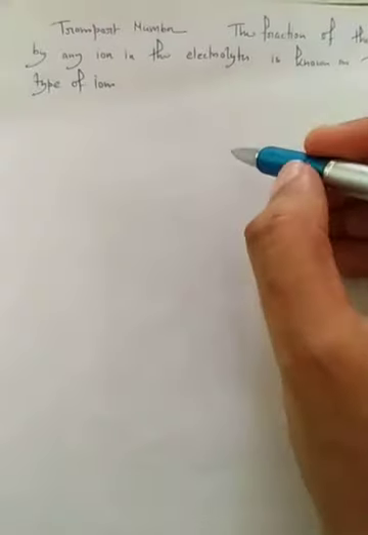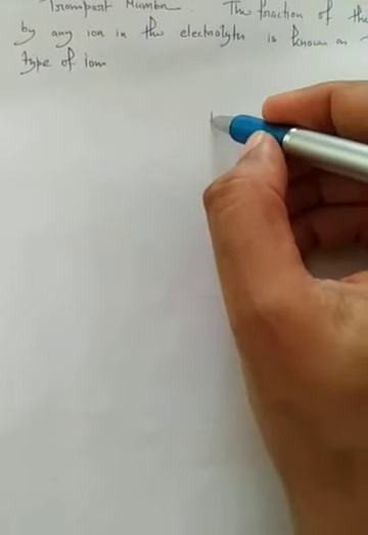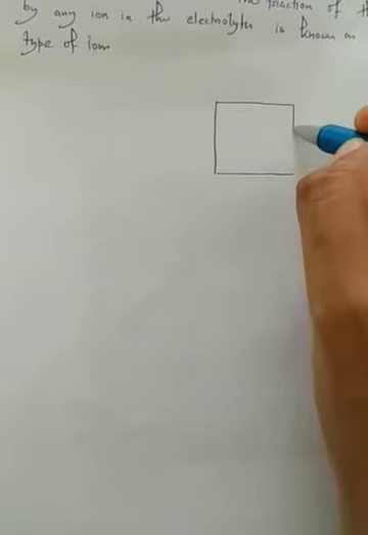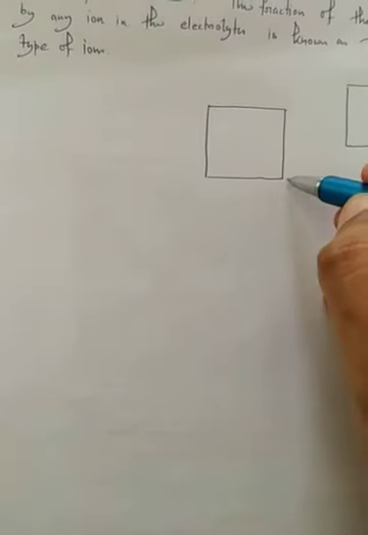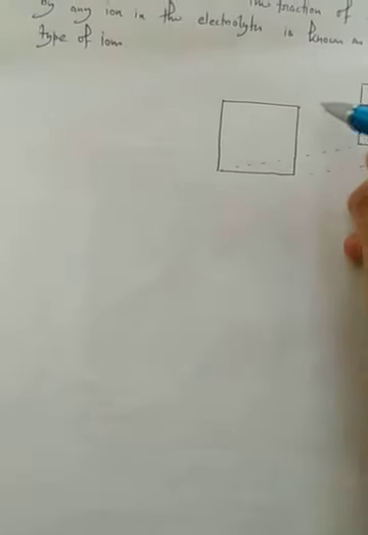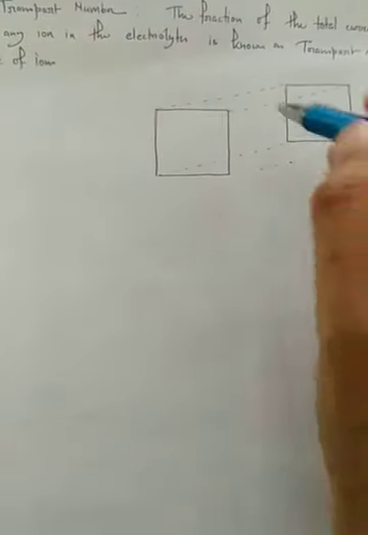So to discuss more about transport number, let us draw a schematic representation. Suppose these are two electrodes.